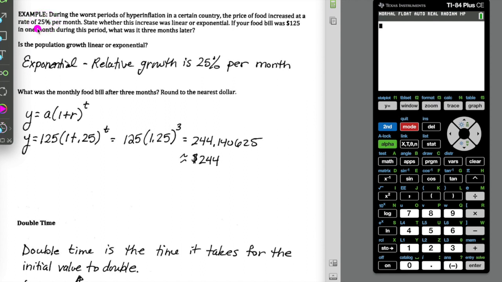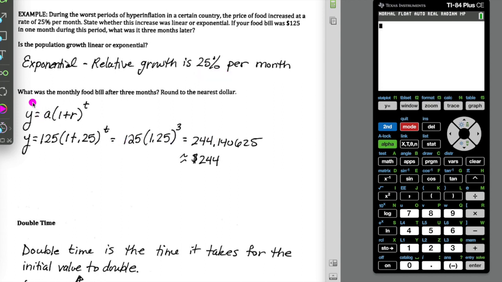So it's not an absolute amount. This is a relative change per unit of time, and the unit of time is month. Okay? So state whether this increase is linear or exponential. Because this is growing relatively, we're going to say that this is an exponential model, and the relative growth is 25% per month.